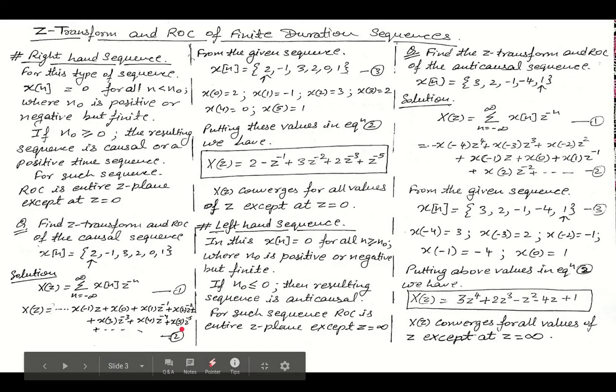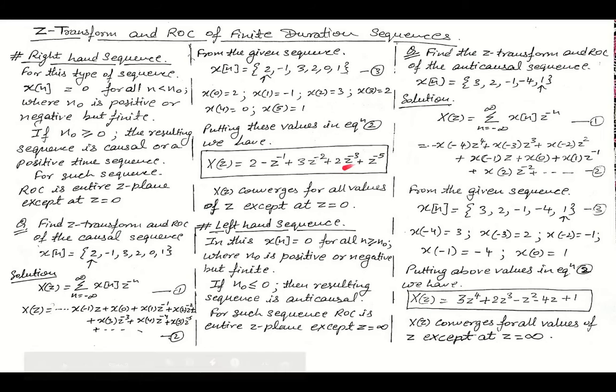In the next term, x[5] is 1, so I can put the value 1 here, so it will be z to the power minus 5. So this is the z transform of my given sequence.